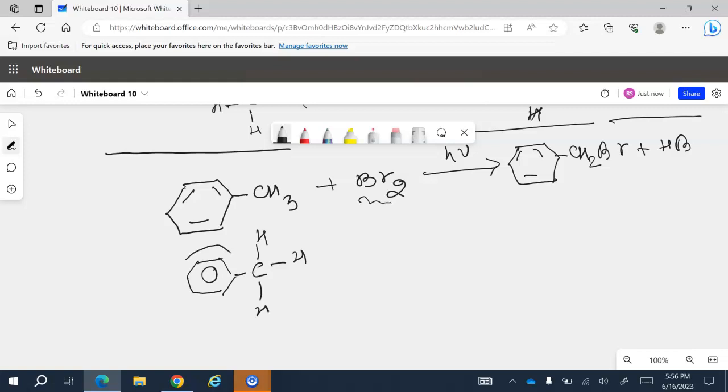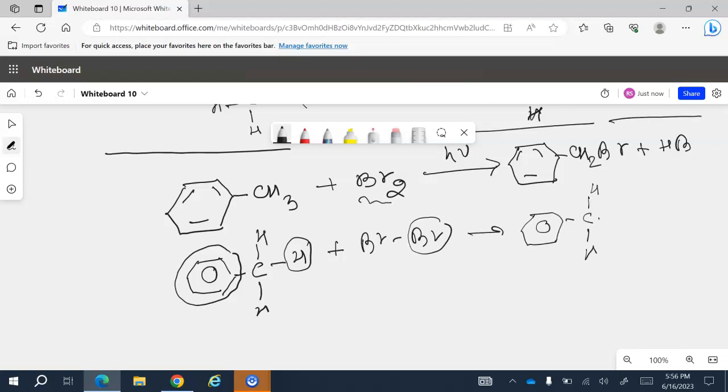That's all. So instead of 1 hydrogen, just keep on writing the benzene ring, and instead of chlorine you write bromine. That's all you need to do, right? Bromine here. And in the product, you replace one of the hydrogens by bromine, and the result is, again, you have 2 hydrogens here and bromine here.